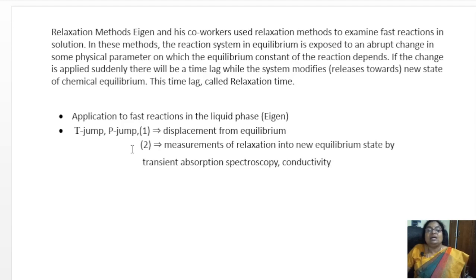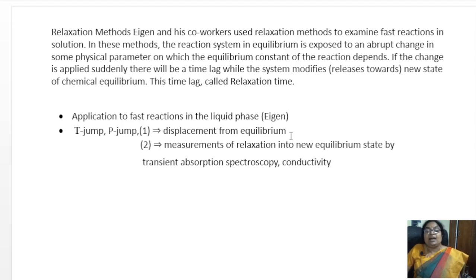These reactions show a time lag in relaxing to a new equilibrium, which can be measured to give the rate constant of the reaction. This is what we call displacement from equilibrium.